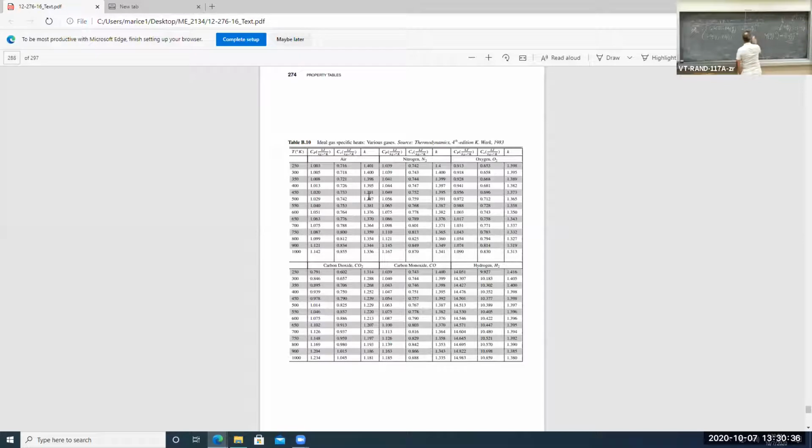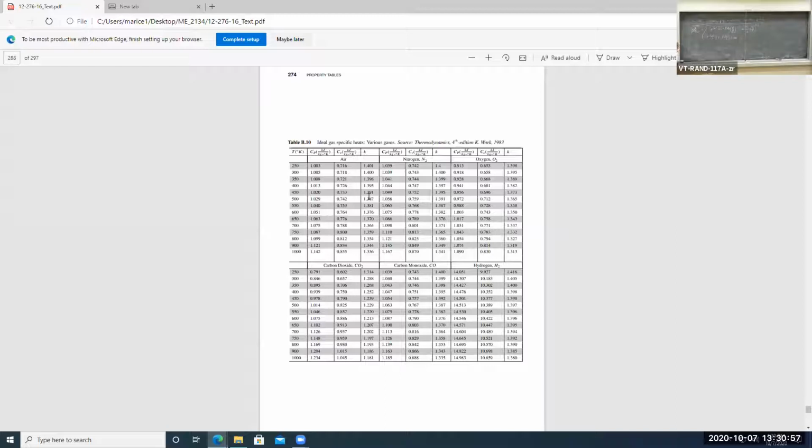You can do the same thing with the second equation involving specific volume. You can go through the same derivation and you get a similar equation. I don't have them memorized, I always have to look them up.